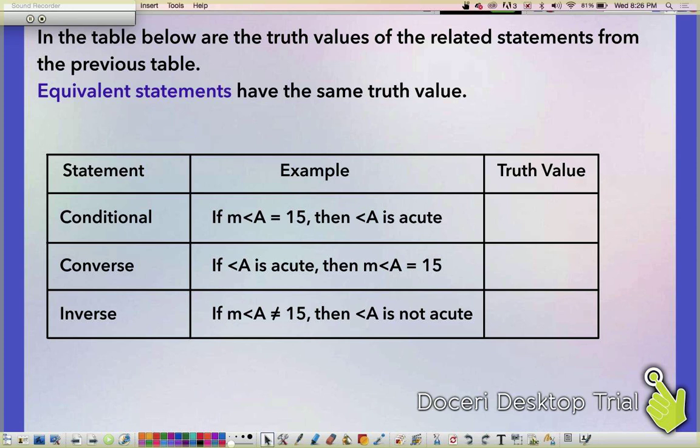Okay? So if the measure of A is 15, then angle A is acute. Okay, well, we know right away that that is a true statement. We don't have to go into much more depth with that.